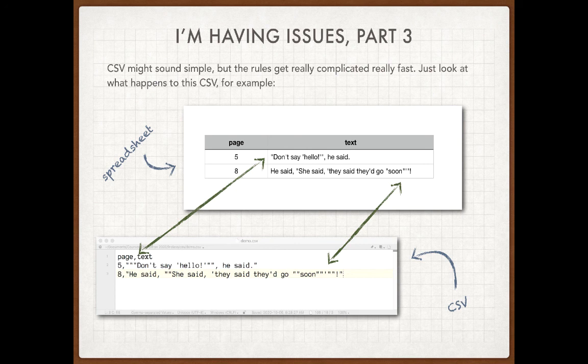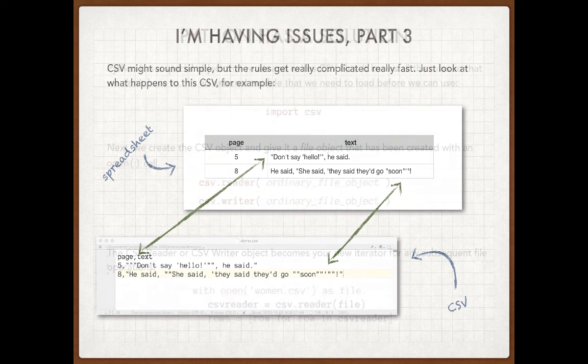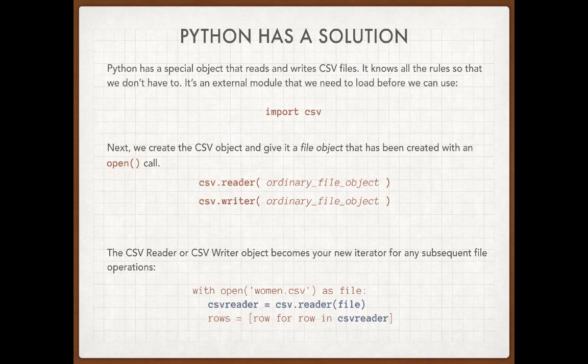So what is the lesson to be learned here? The lesson to be learned here is don't do this on your own. Every language worth its salt has a library to handle CSV data. So does Python. And in Python, that library is called, believe it or not, CSV.